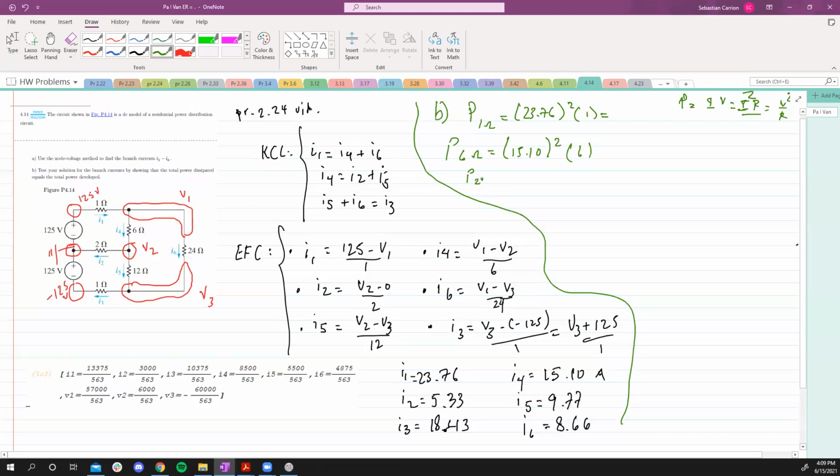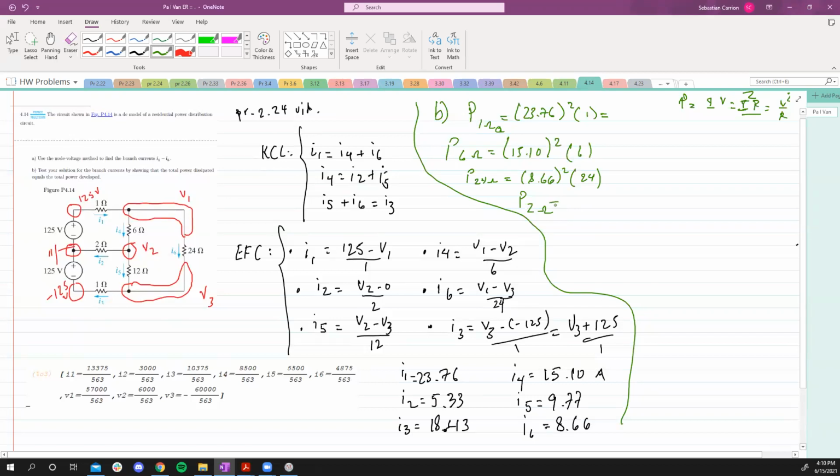We're gonna go with the 24 ohm. You know, I6 is 8.66 squared times 24. And you got a 2 ohm resistor. I'm gonna call this power of 1 ohm resistor A, and then I'm gonna call this one B.